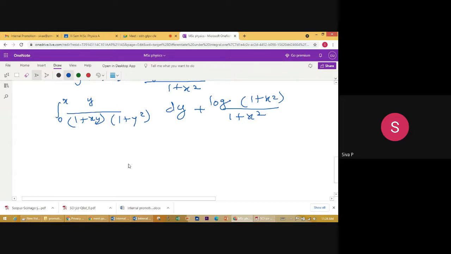So that is equal to integral over 0 to x, integral over 0 to x.